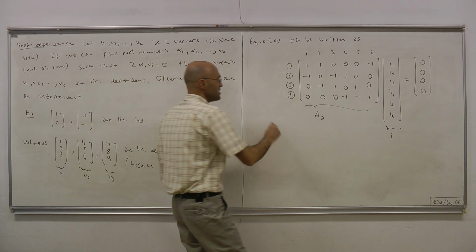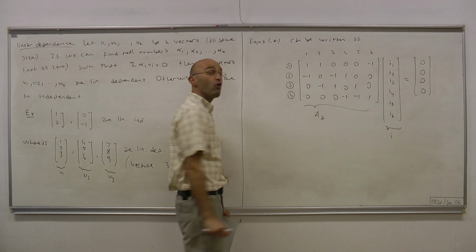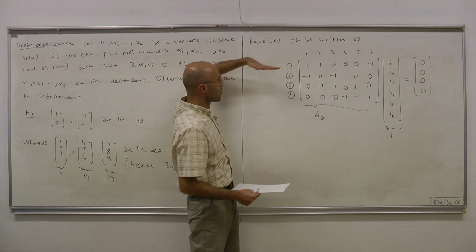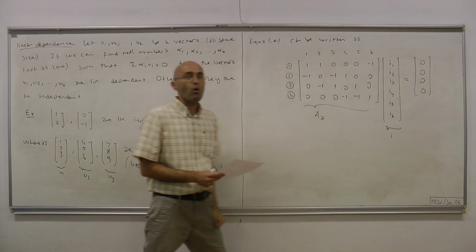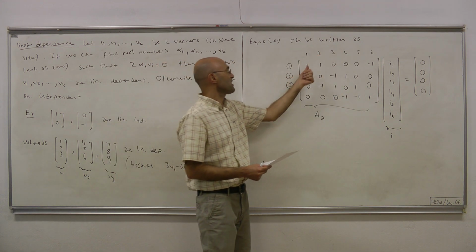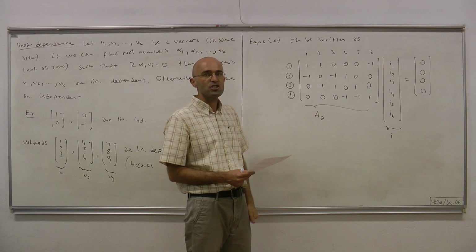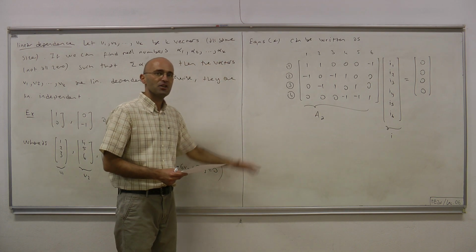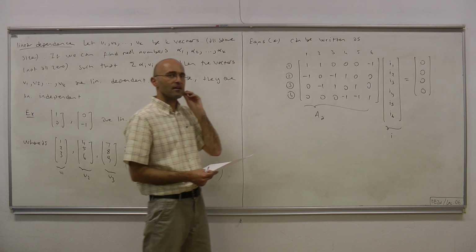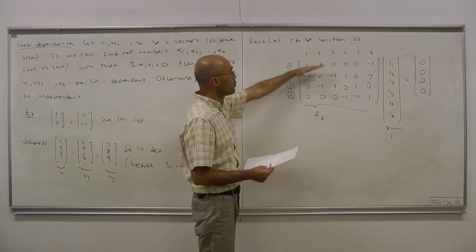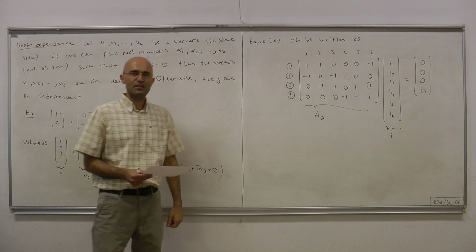So if you sum all those four rows, let's call them V1, V2, V3, and V4, since there's exactly one plus 1 and one minus 1 at each column, the sum will give us 0. Since the sum gives us 0, those rows are linearly dependent.